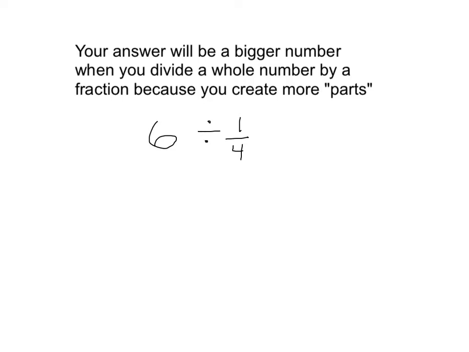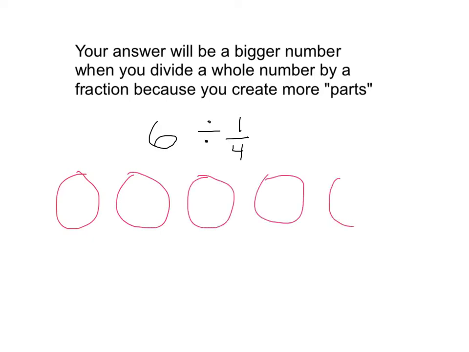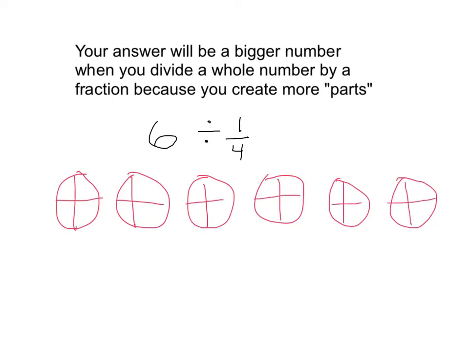In this case, I'm going to take 6 and divide it by 1/4. So I'm going to have 6 whole pieces, 5, 6, and I'm going to divide them into fourths. Now all I have to do is count up how many little sections I have.